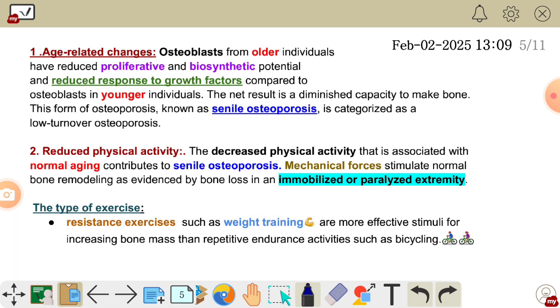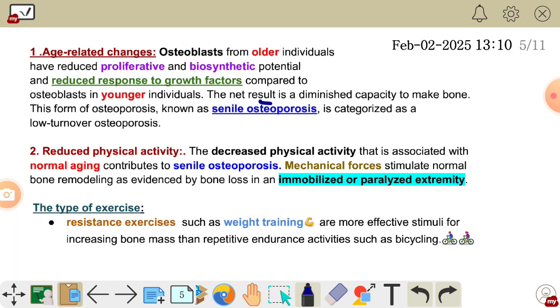But in older individuals, they have reduced proliferative and biosynthetic potential, and they also have reduced response to growth factors, as compared to younger individuals. So the net result of reduced proliferation, biosynthesis, and reduced response to growth factors is a diminished capacity to make bone.